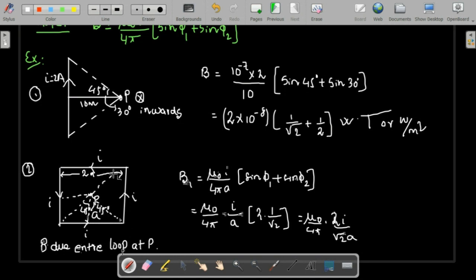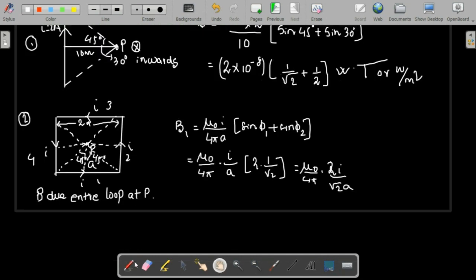But if you look into the symmetry here, the same would be because of this side also, and there are four sides. This is 1, this is 2, this is 3, this is 4. So if you want to find out the total magnetic field B, it would be because of the first, second, third and fourth lengths.